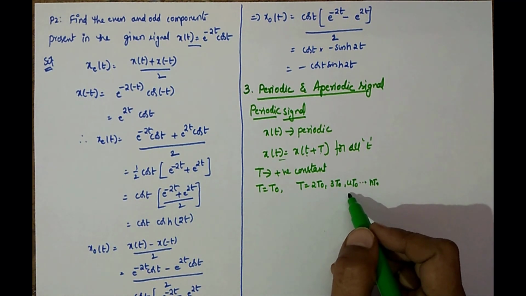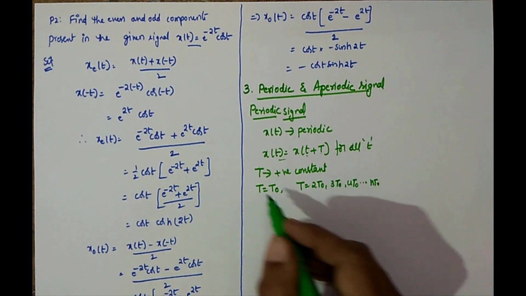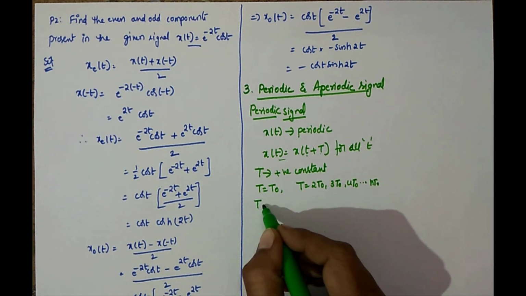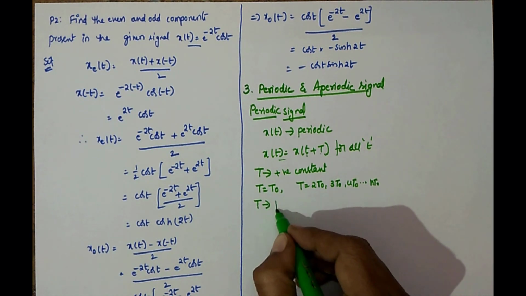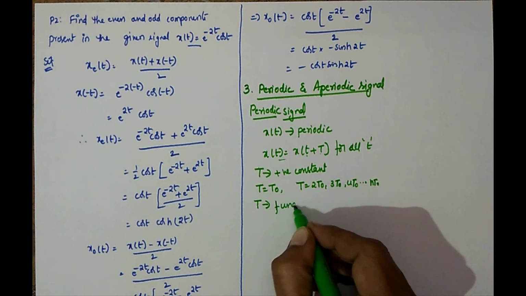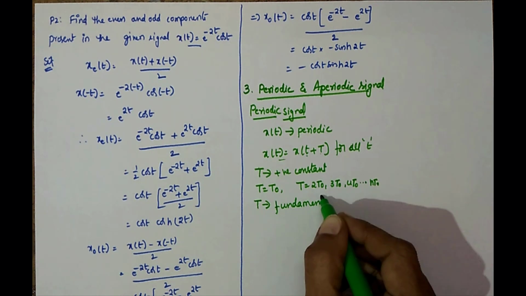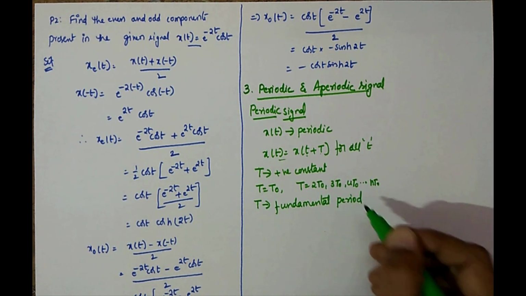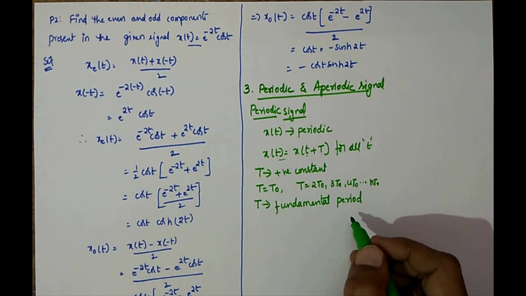That is called a periodic signal. So now, what is T? As the signal is repeating after every T, T is called the fundamental period.